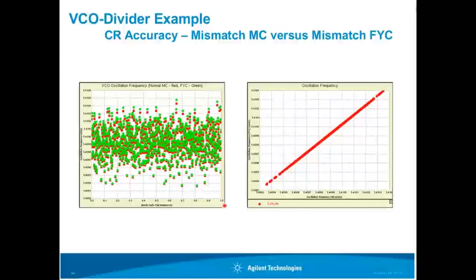Thanks, George. A couple other questions. One was, does the figure of merit have to be set before you run FYC? I'll take this one. In fact, these are just normal performance measurements that you want to make. So in the normal course of looking at your particular design in Golden Gate, you would have set up what we call performances, which are basically measurements at various points in the design, and all of those that you have defined can be included in the analysis.